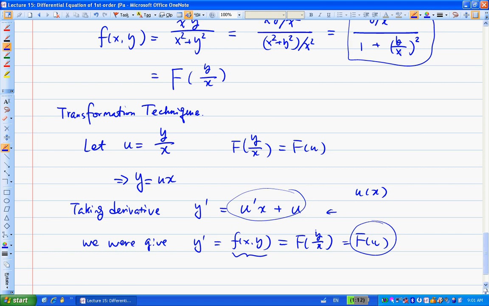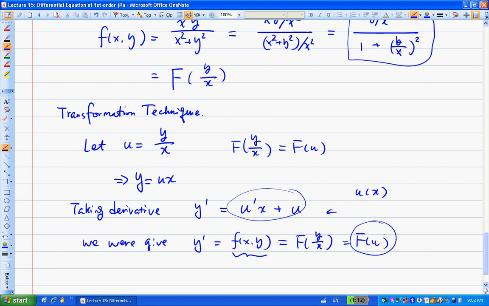This one is what you imposed: you let u equal to this, and then naturally y equals ux, and then y prime equals this. That's based on the condition you imposed here. And this one is not imposed, this is given. This is what you're going to solve.